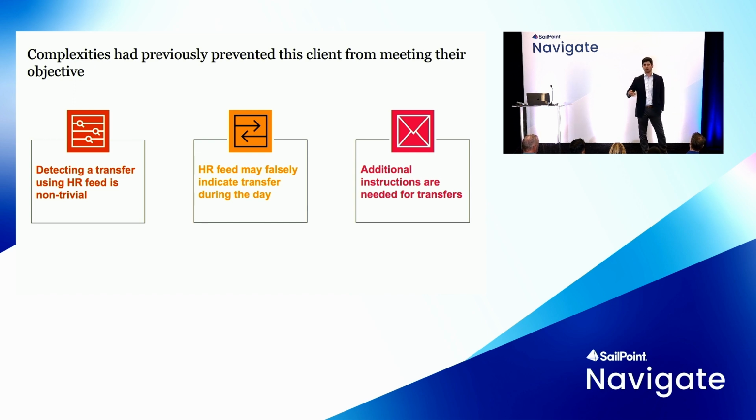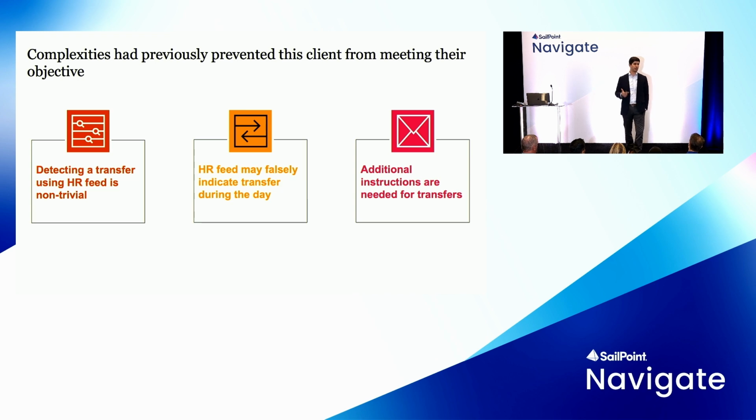But then you start looking at what are indicators of a transfer. And what we found, our team worked with the client team and the HR team, and we found that there isn't any one attribute you can look at. There's not even any two specific attributes you can look at. Really, the way that you determine a transfer occurred with 95% confidence is if any two out of these three attributes change.